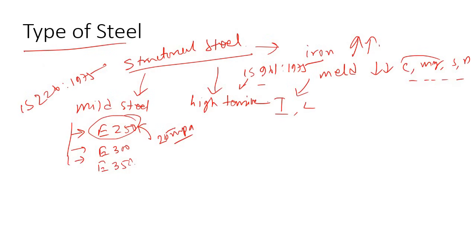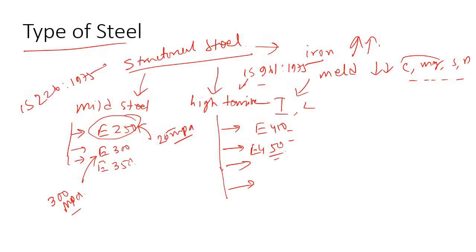The same, E300 denotes the mild steel which has yield strength of 300 megapascal. So what are the high tensile steels? Definitely they will have higher yield strength. They are denoted as E410, E450, right?